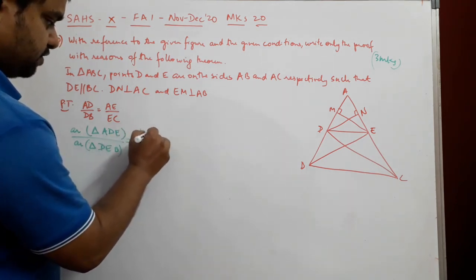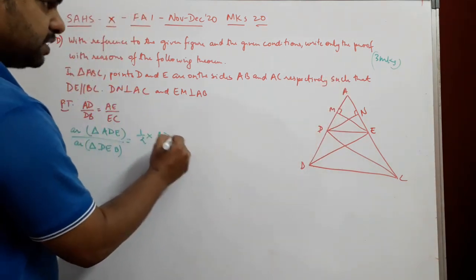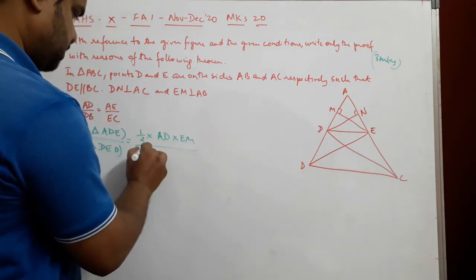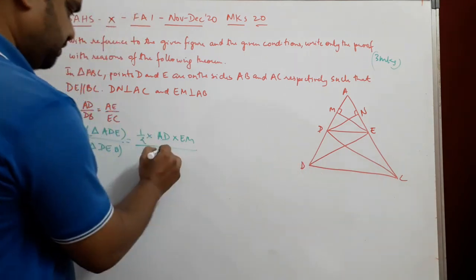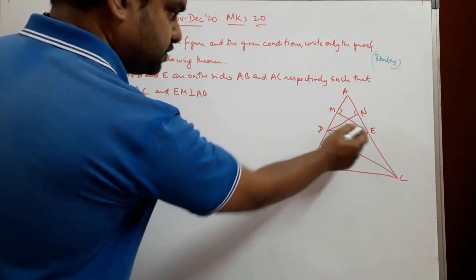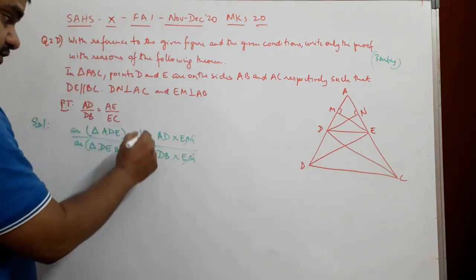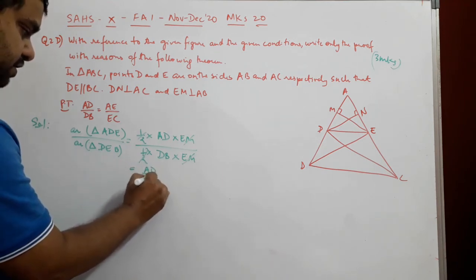So half the base will be AD and the height is of course the perpendicular EM, whole thing upon, again half base into height, the base is DB and the height is of course EM. EM cancels and half cancels. So we are left with AD upon DB. Mark this as 1.